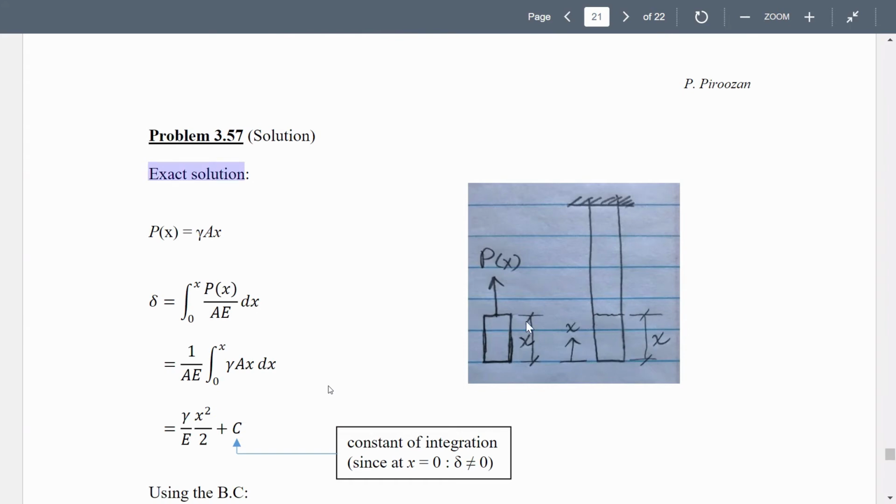If you cut it at the section here, at the distance x from here, total force here is P times X. P times X times dx here. In this case, it would be gamma times AX.